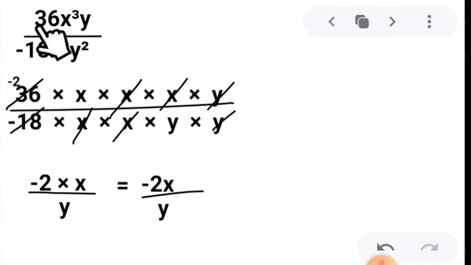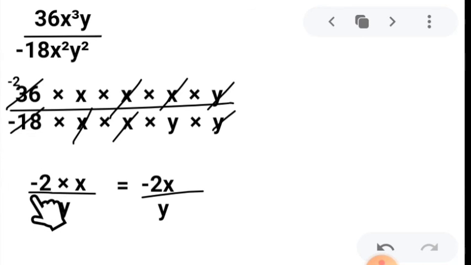Now 36x raised to the power 3y divided by minus 18x raised to the power 2y raised to the power 2. If we expand the expression, we have 36 times x times x times x times y, and minus 18 times x times x times y times y. So we cancel out the variables that are in the numerator and in the denominator, and what we have left is x here and y here. So 36 divided by minus 18 is minus 2.